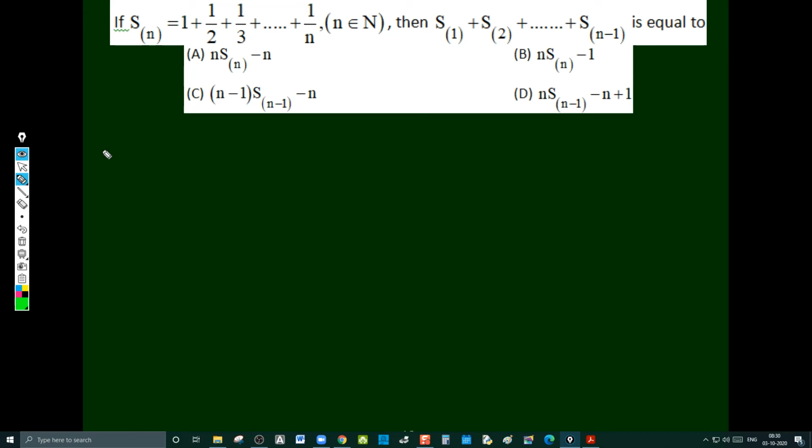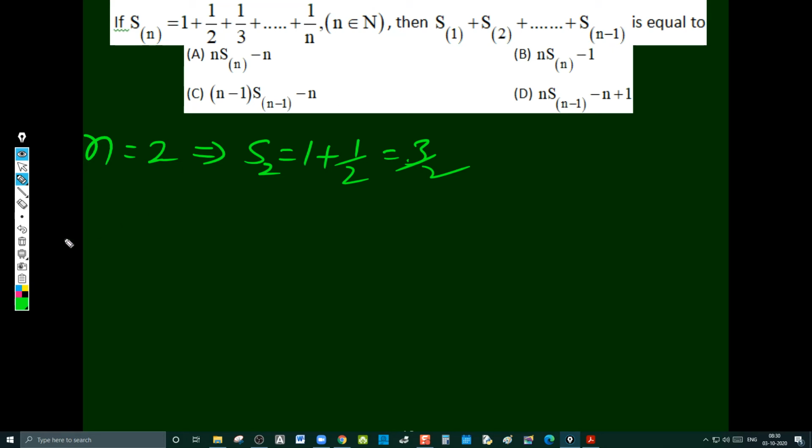S1 plus S2. Let us take n is equal to 2. n is equal to 2 implies S2 is equal to 1 plus 1 by 2, which is nothing but 3 by 2. Keep it like that. Verification. Now S1 plus S2, because we substituted n is equal to 2 here, that means it is 2 minus 1.